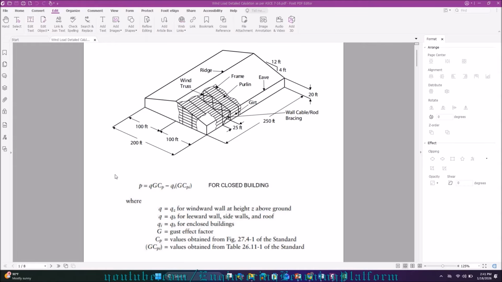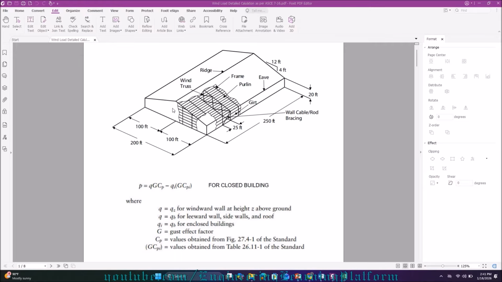Then this side will be windward, opposite to it will be leeward, and the adjacent will be side walls. The direction from which wind is coming is called windward.